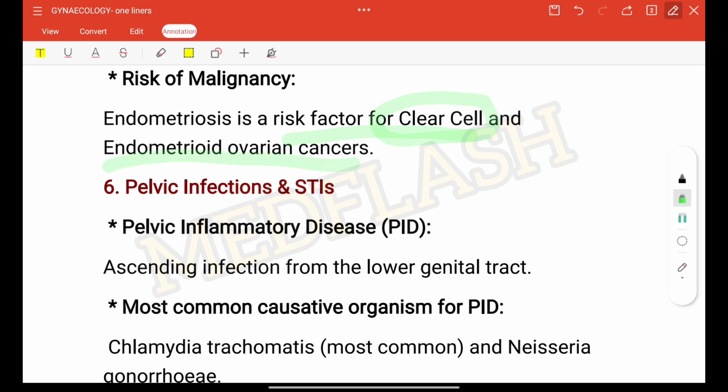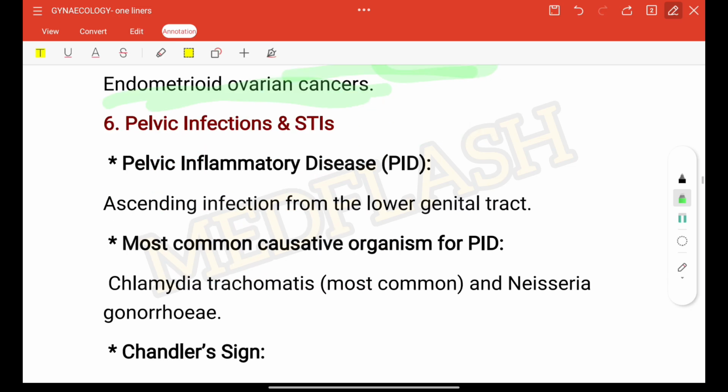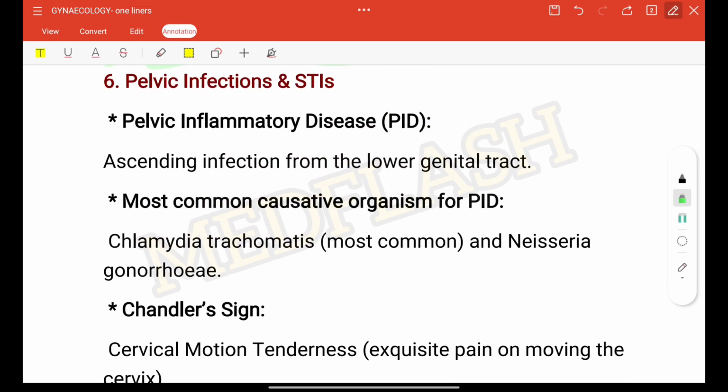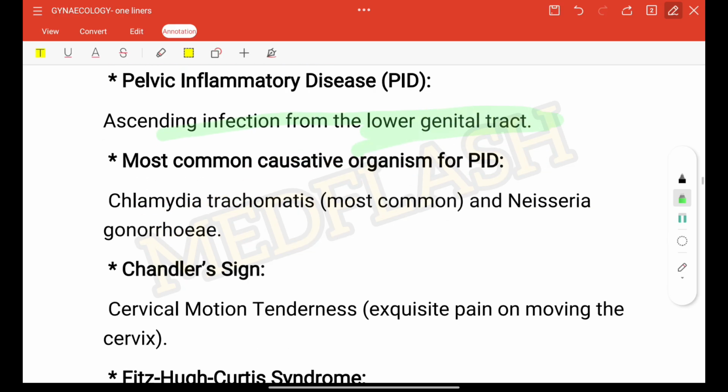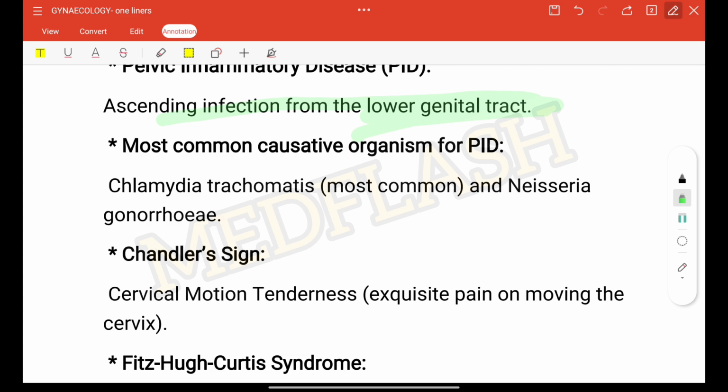Pelvic inflammatory disease is an ascending infection from the lower genital tract. Most common causative organism for pelvic inflammatory disease is Chlamydia trachomatis, and Neisseria gonorrhoeae is also a causative organism for PID. Chandelier sign: cervical motion tenderness.